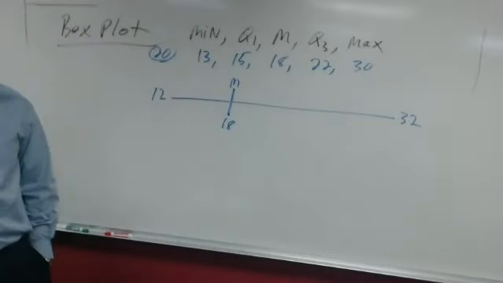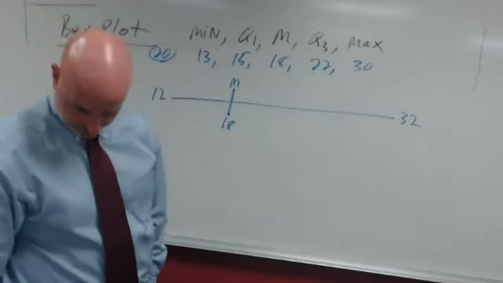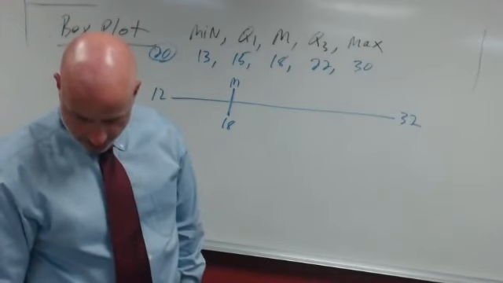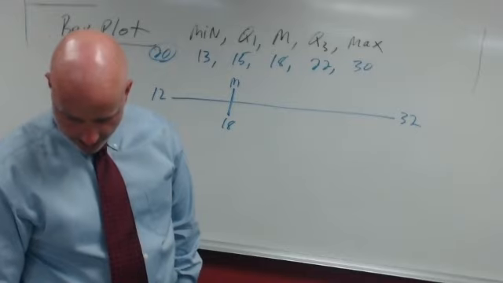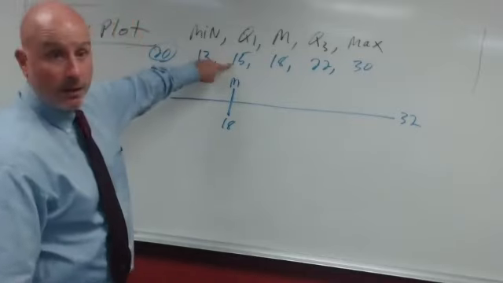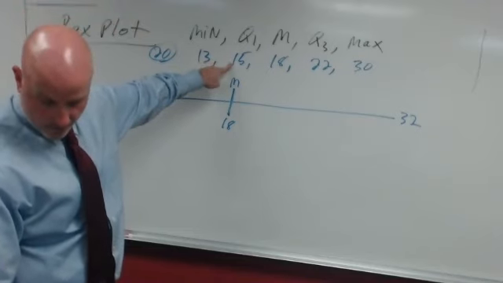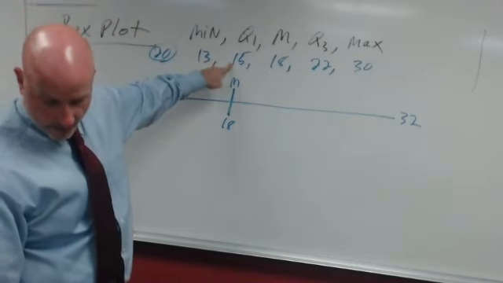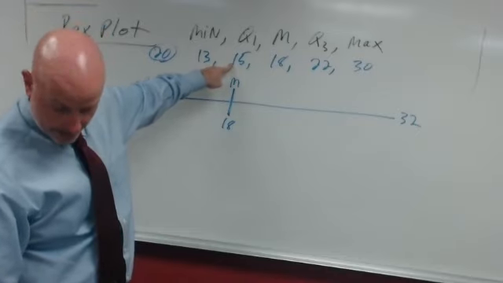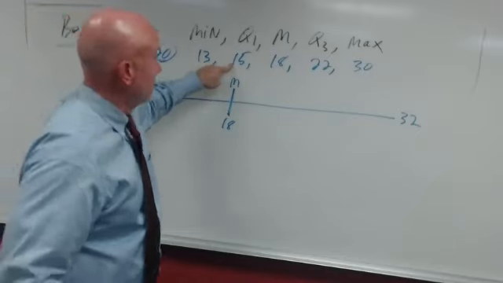So I'm going to draw it here. Next, we draw a box that starts at quartile 1, which is 15 minutes, and ends at quartile 3. Quartile 3 is 22.